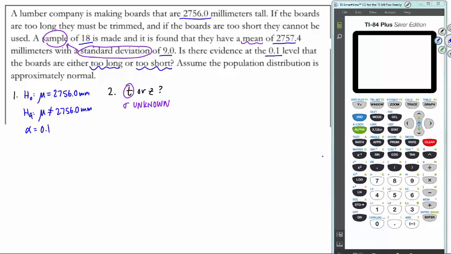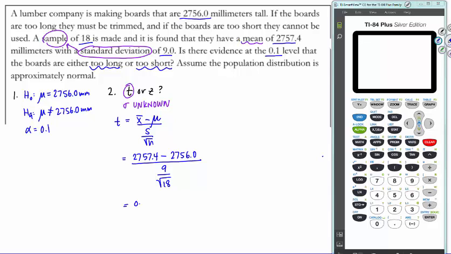That means that our T test statistic will be x bar minus the mean divided by s divided by the square root of the sample size. We can do this by hand. X bar, the sample mean, was 2757.4. Assumed mean 2756.0, divided by the standard deviation of 9 millimeters divided by the square root of the sample size, which is 18.